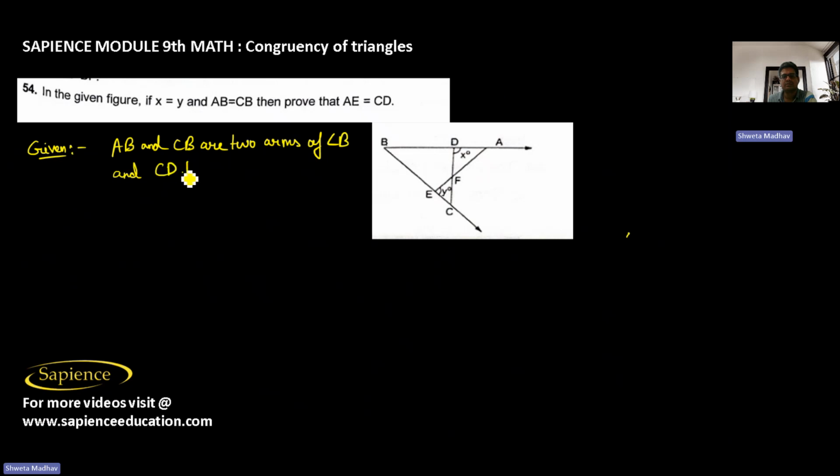And CD is perpendicular to AB, and AE is perpendicular to BC.